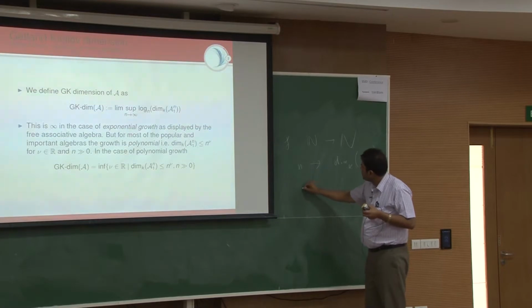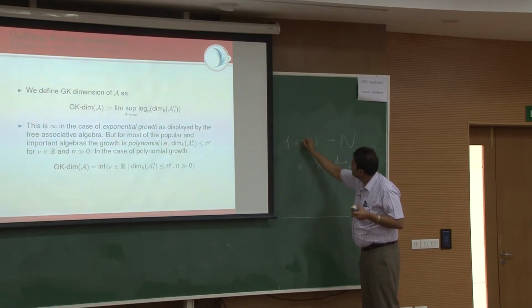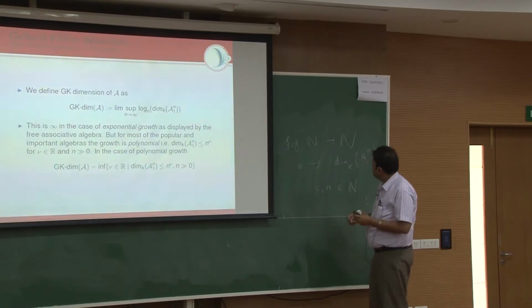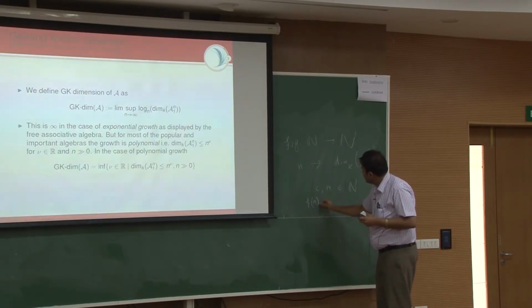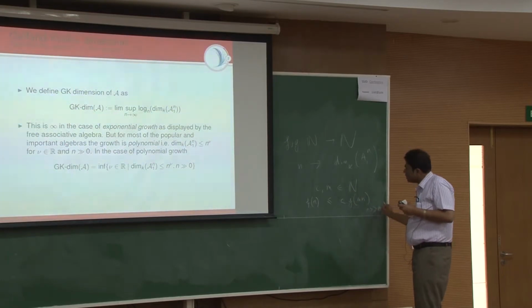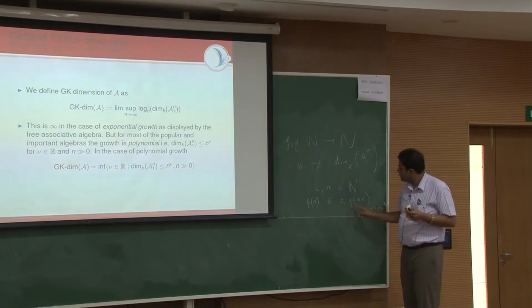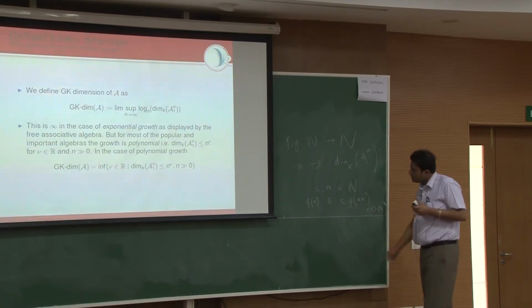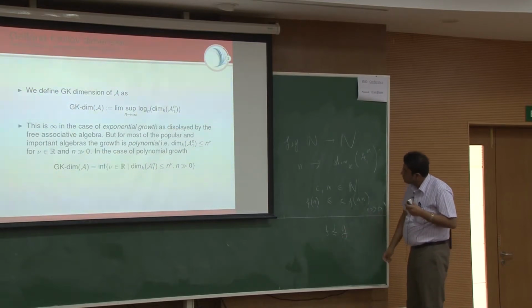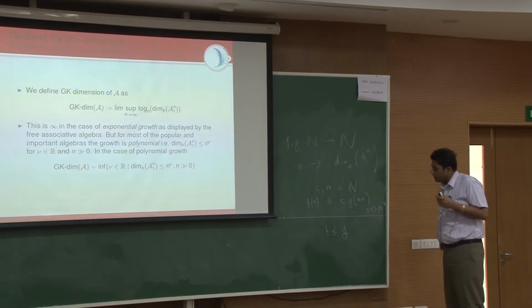So let's say f and g are functions from N to N, and there are integer constants c and m such that f of n is less than or equal to c times g of mn for sufficiently large n. Then this is actually defining a kind of partial order. If this holds, then we may say that f is less than or equal to g, and if the converse holds, then f and g are equivalent.